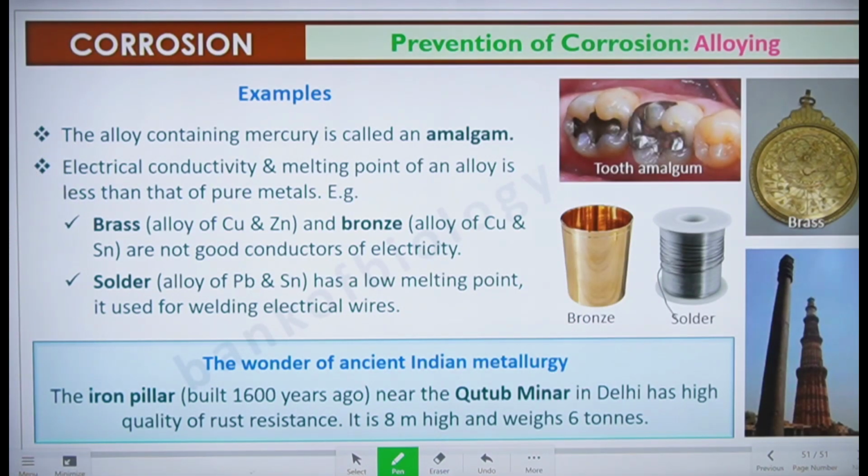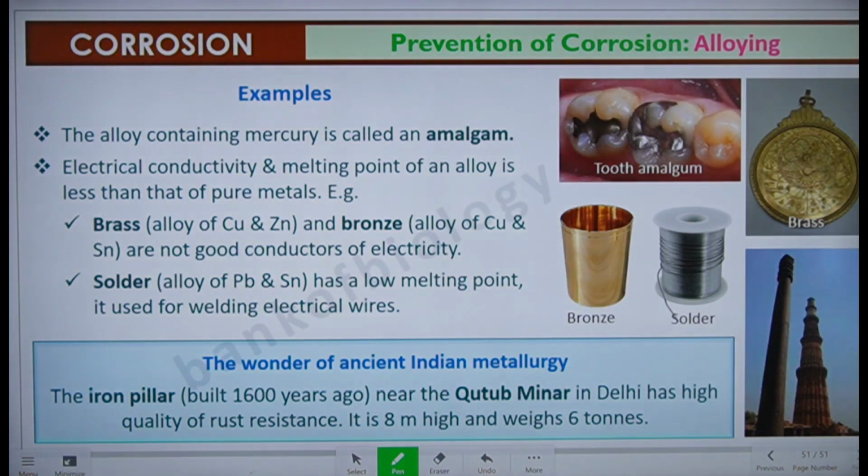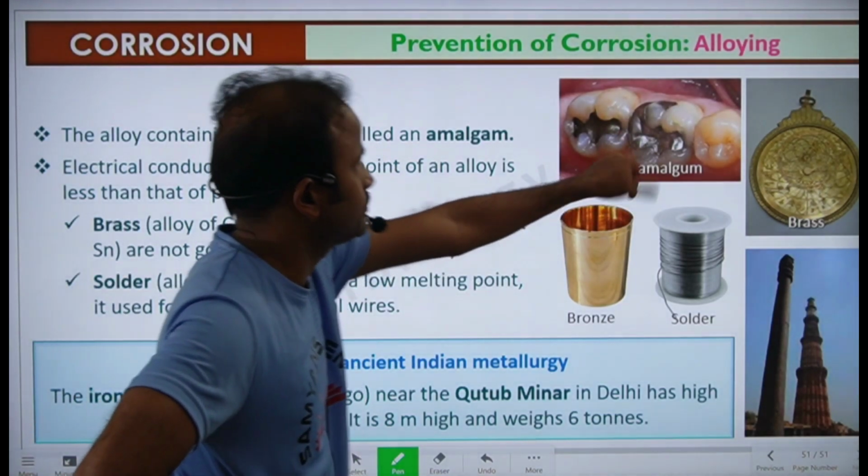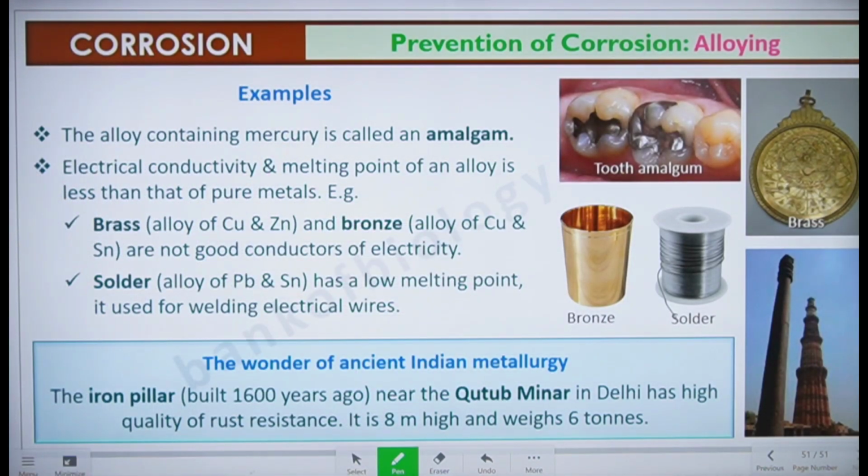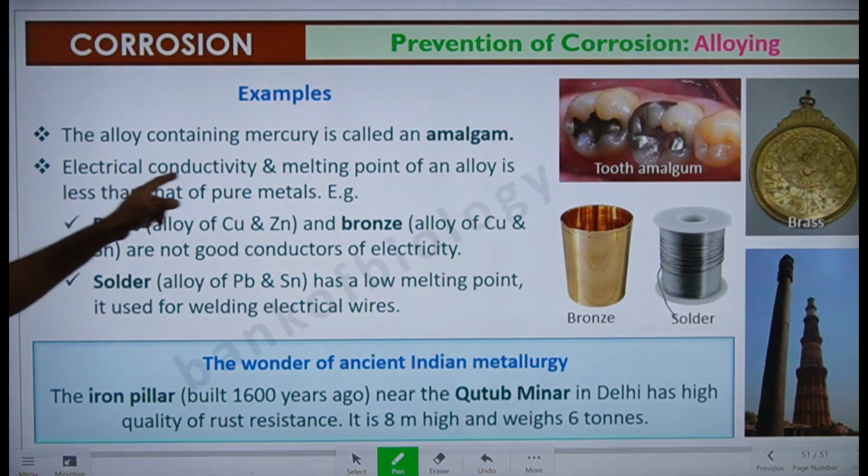Okay, now here are some other applications. An alloy containing mercury is called an amalgam. This is called tooth amalgam, when mercury is mixed with other metals to form the amalgam. Electrical conductivity and melting point of an alloy are less than those of pure metals.